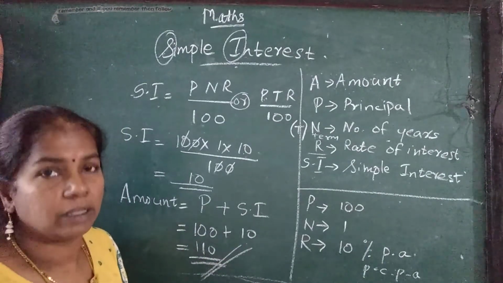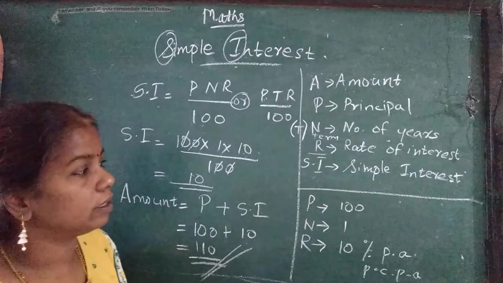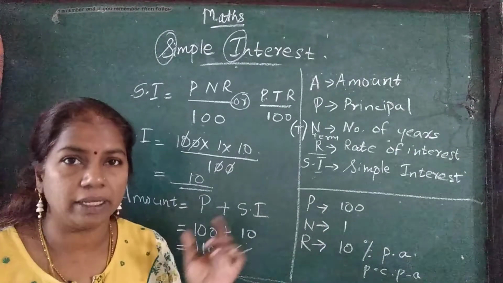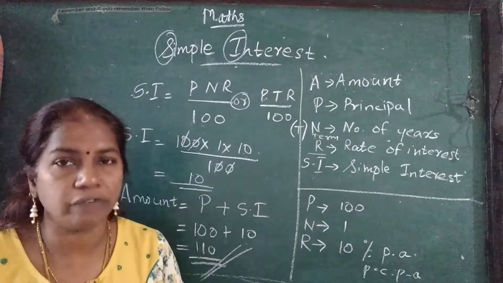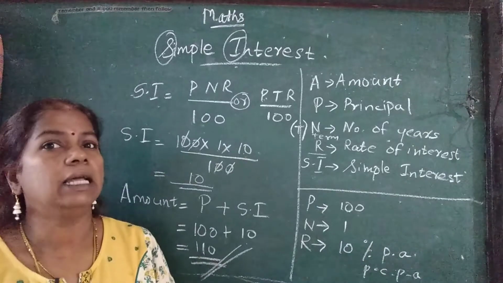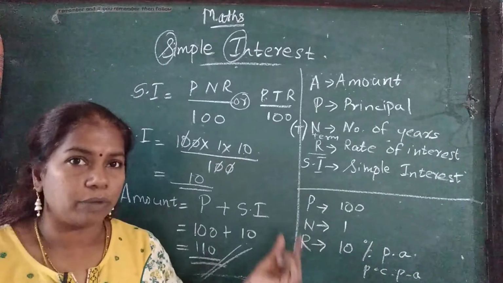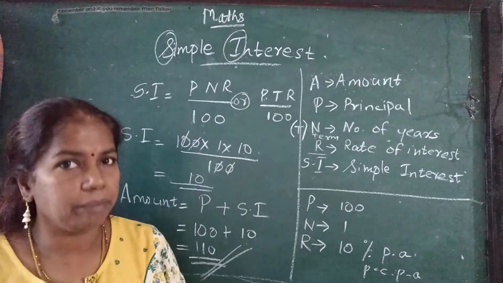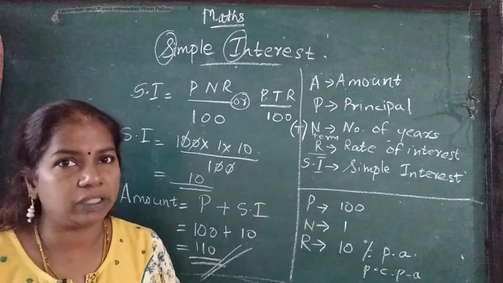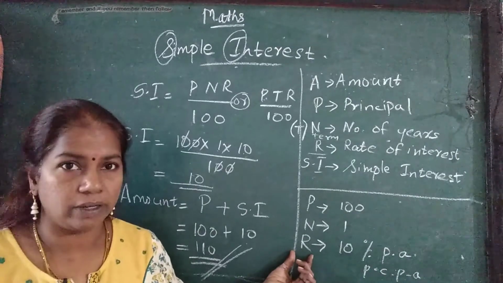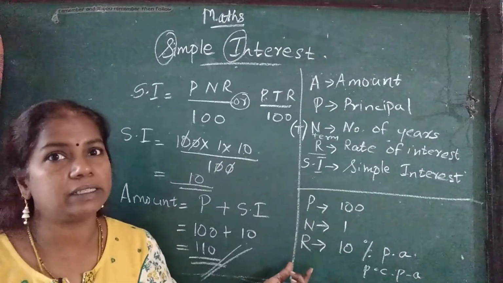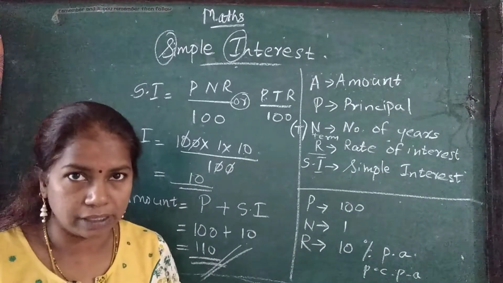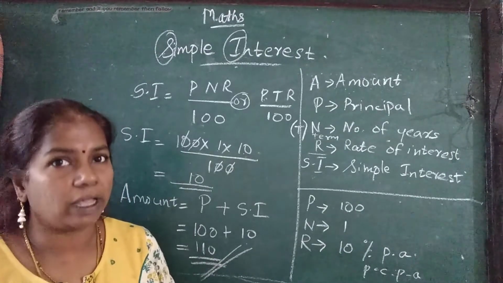So students, what I taught you about principal: principal is the amount which I borrow from someone. The number of periods is the time the money is kept with me, and rate of interest is the rate on the principal amount which we have borrowed.